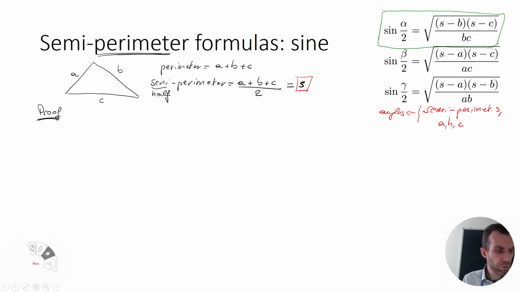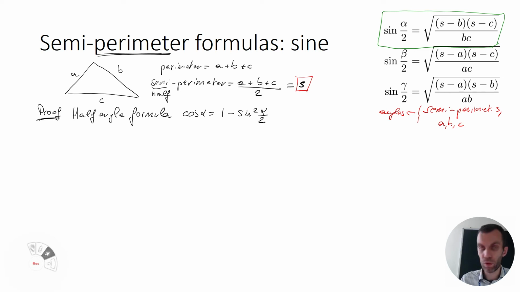So for the proof, first of all, we have a half in that expression on the left-hand side, so we'll use the half angle formula. We have that cosine of alpha is equal to 1 minus 2 sine squared alpha over 2.